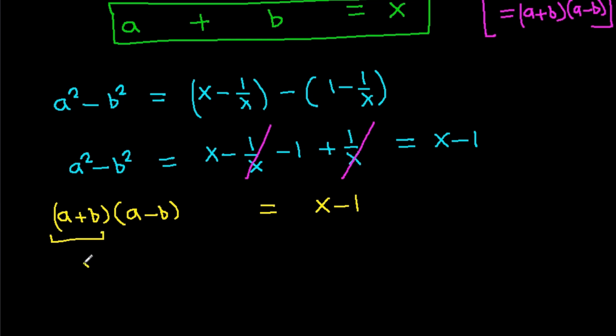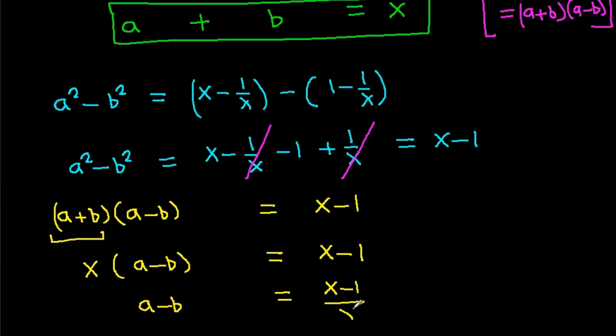x times (a minus b) is x minus 1. So a minus b will be x minus 1 by x, that will be 1 minus 1 by x.